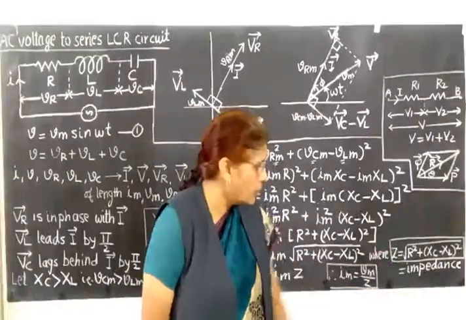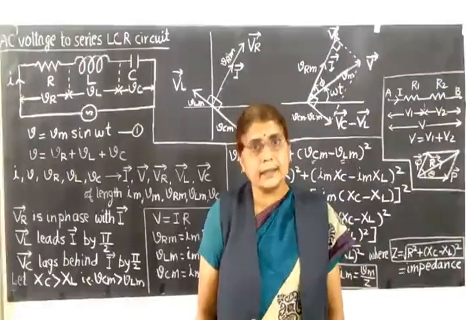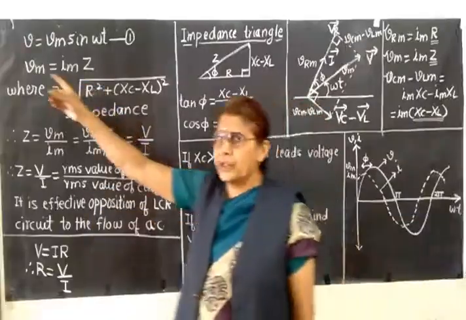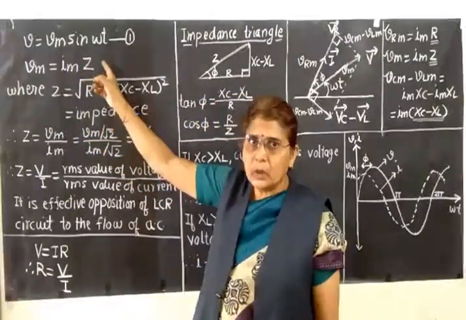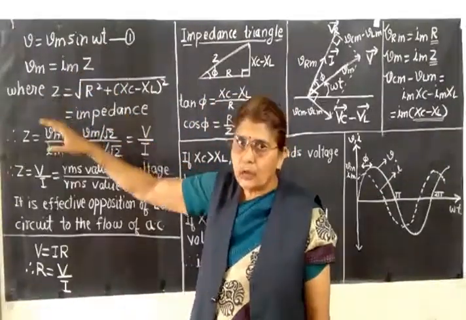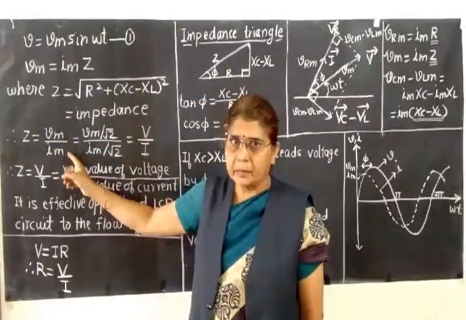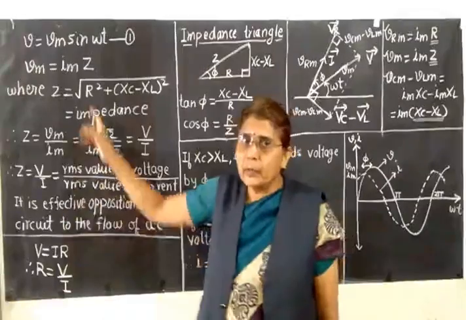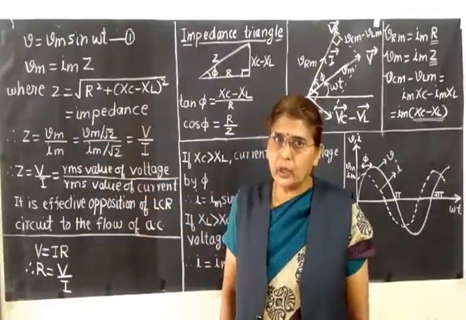So let us now go to the definition of the impedance of the LCR circuit. We have the expression for Vm. Vm is equal to Im into Z. Let us take Z on one side. You will have Z is equal to Vm upon Im. Let us divide numerator and denominator by root 2. The value is not going to change.